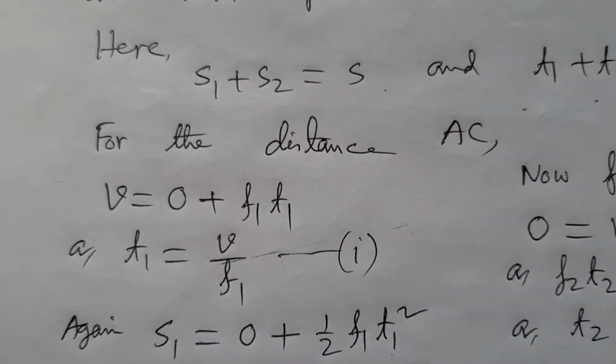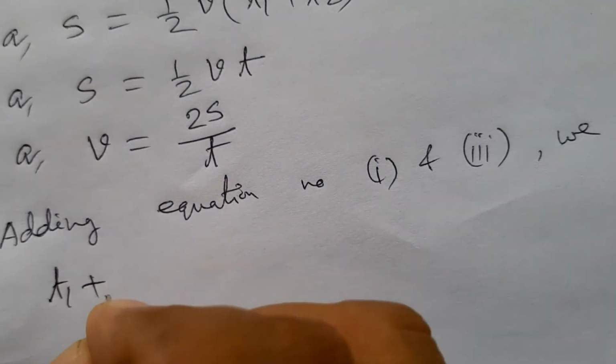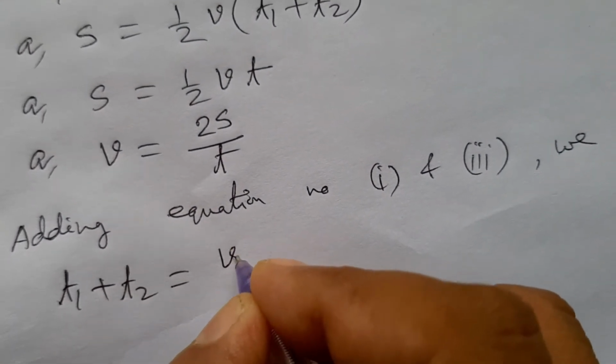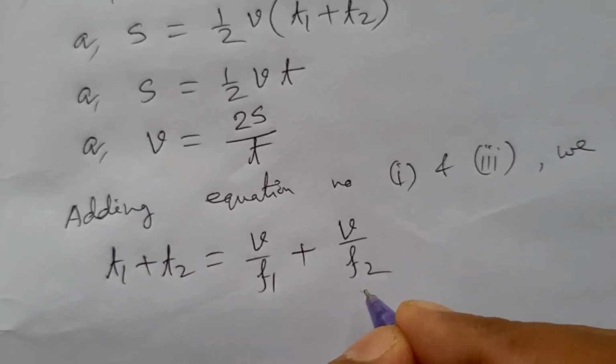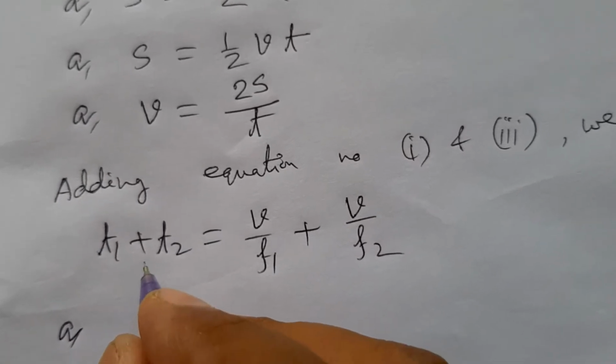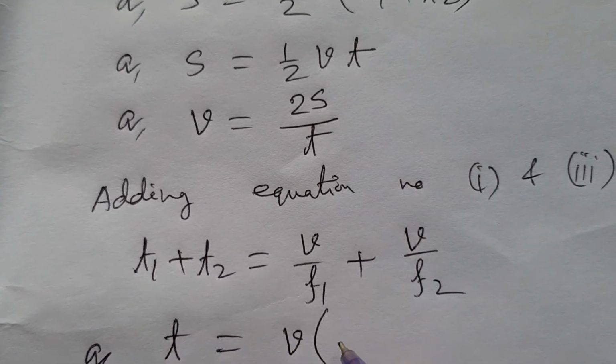If we add these, we get t1 plus t2 is equal to v by f1 plus v by f2. The value of t1 plus t2 is equal to t, and here v is common.